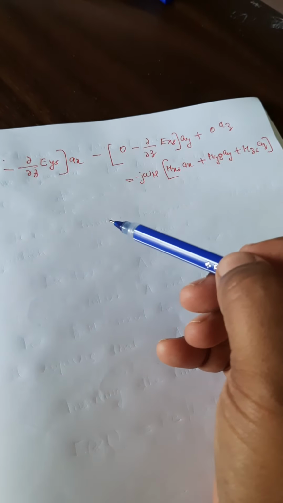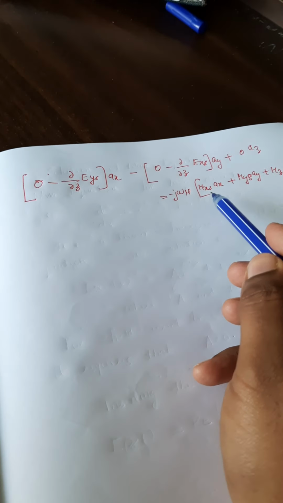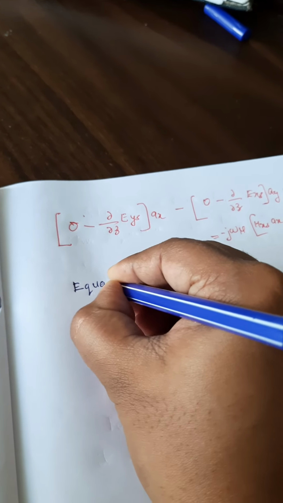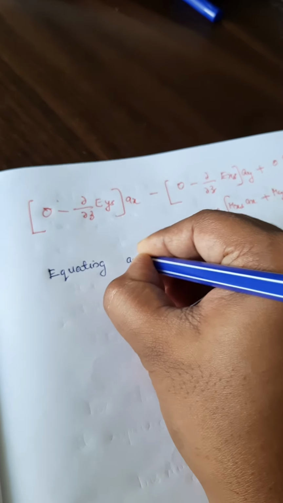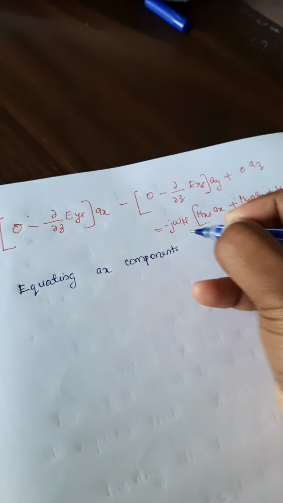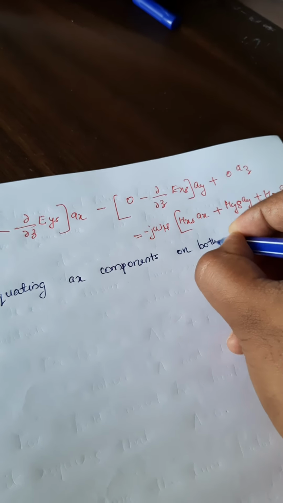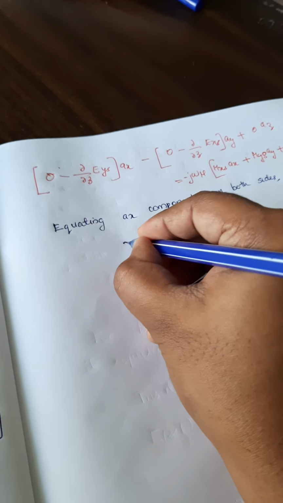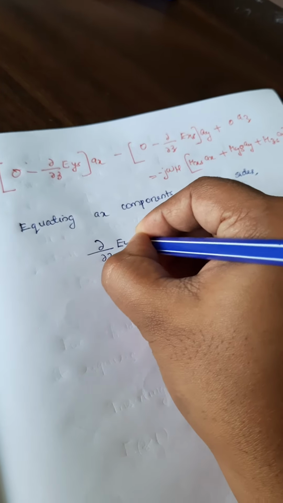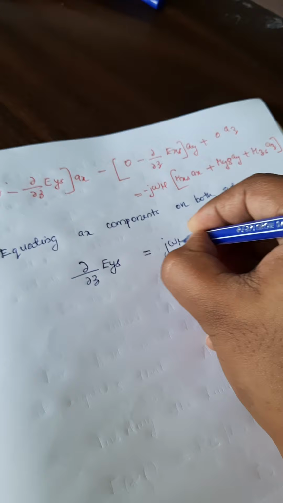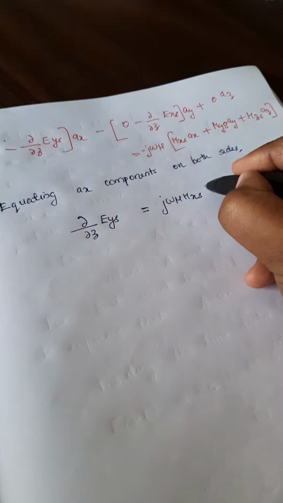Now equating the Ax components on both sides, we will get dou by dou z of Eys equal to j omega mu Hxs. That we take as equation number 1.